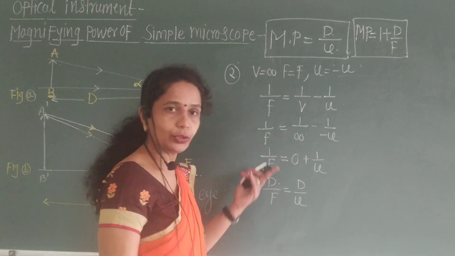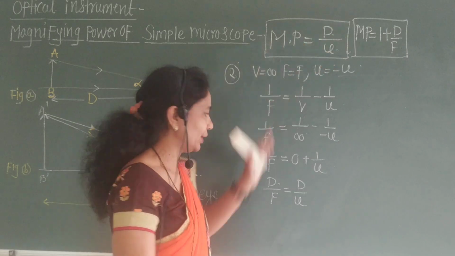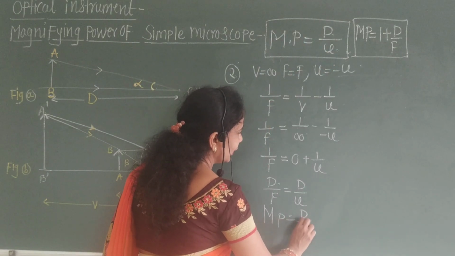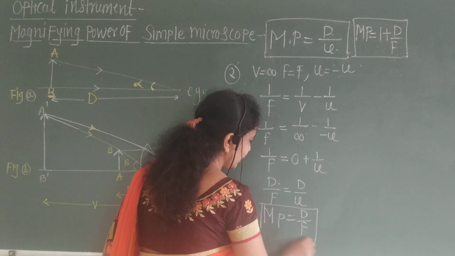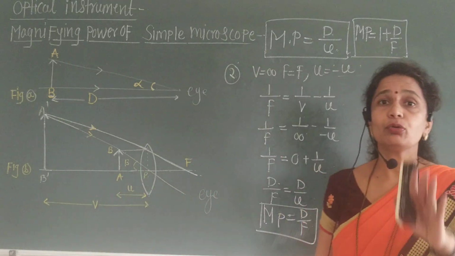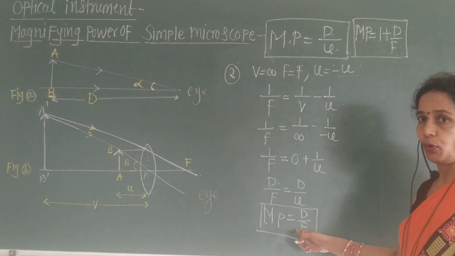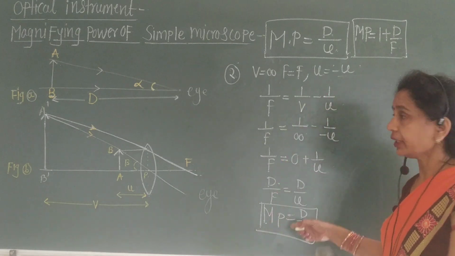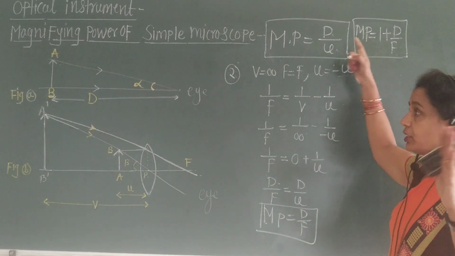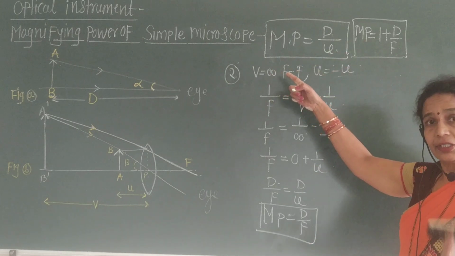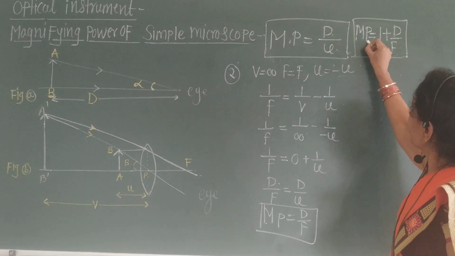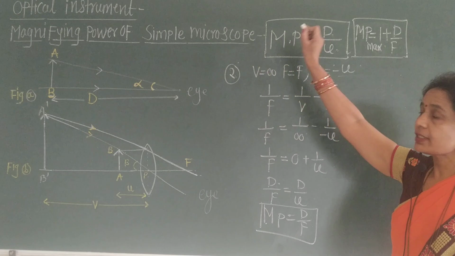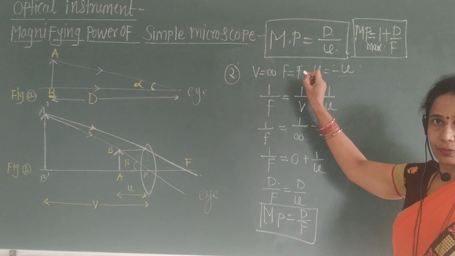What is then D upon U? It is MP. Therefore, we get here MP is equal to D upon F. This is the minimum value of magnifying power when the image is formed at infinity. And when the image is formed at DDV, then we get the maximum magnifying power of simple microscope.